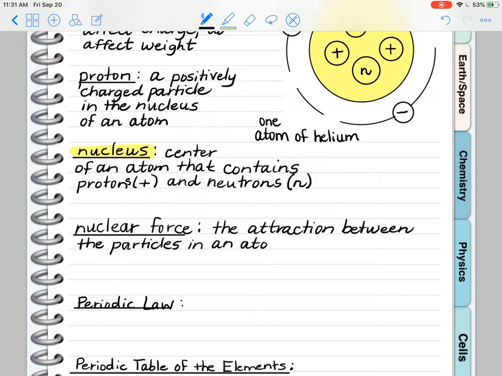So that drawing force between those particles is called a nuclear force. It's the law of attraction between those little pieces of that atom.